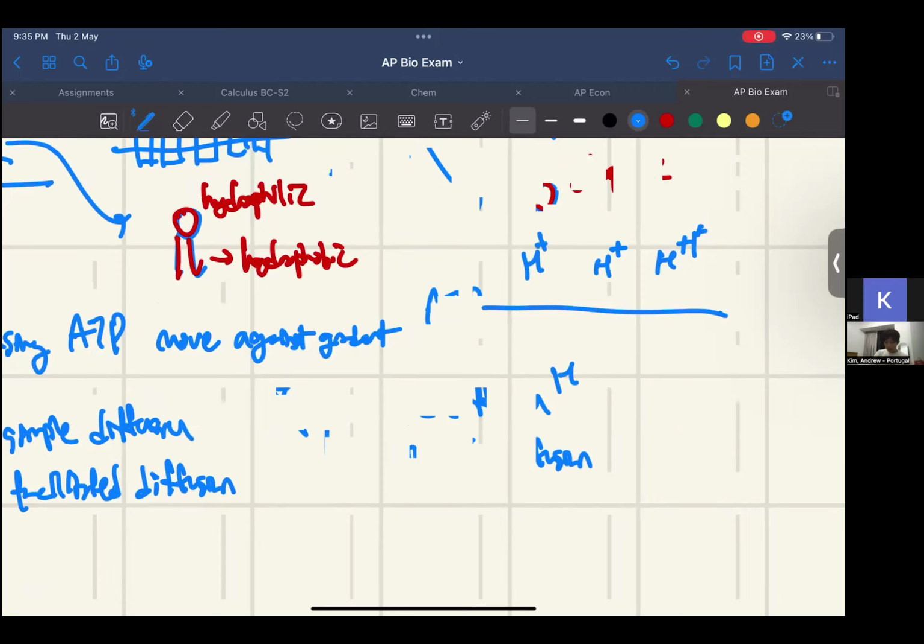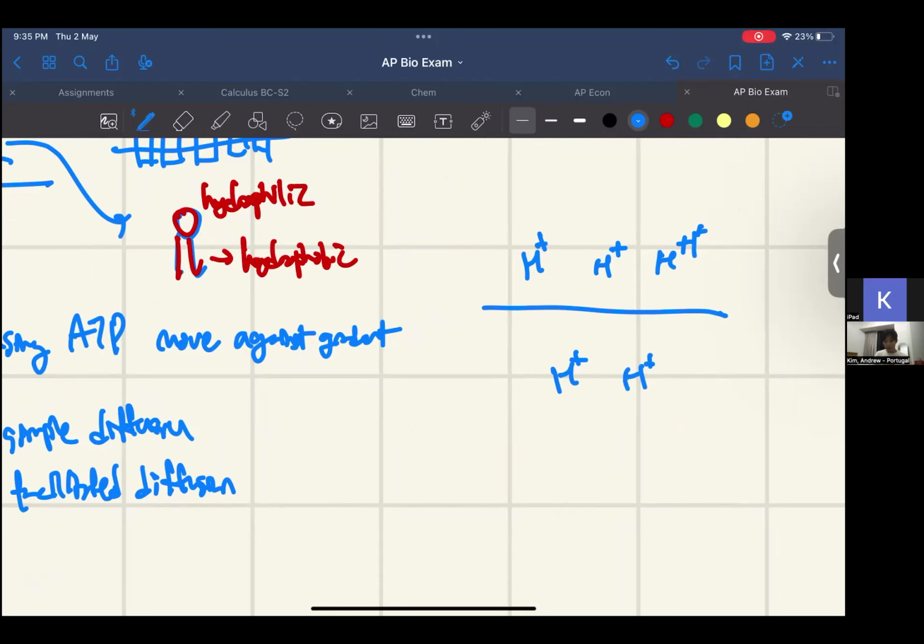Now, let's say we have only a little bit of H plus here, but there are a lot of H plus above. Just logically thinking, if it's more crowded, do you want more people to step into that room? No, you want people to step out of the crowded room and move to a less crowded room, right?